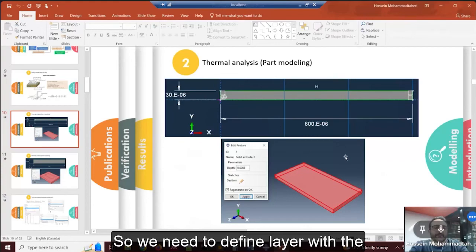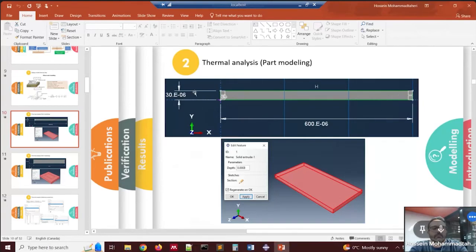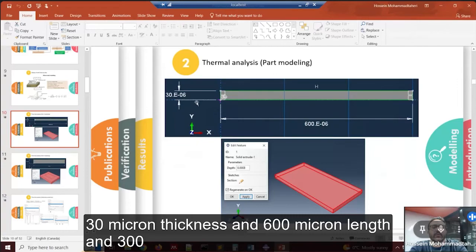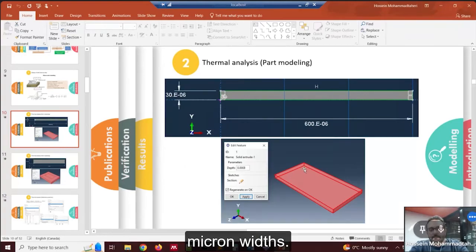So we need to define a layer with a 30 micron thickness, 600 micron length, and 300 micron width.